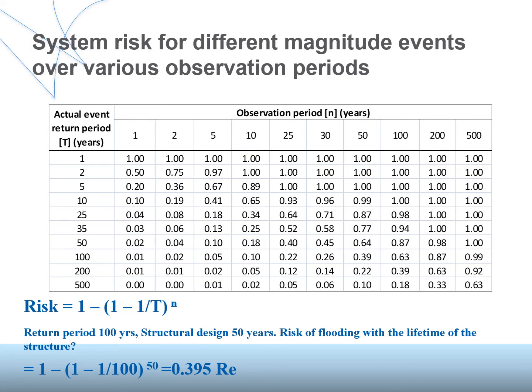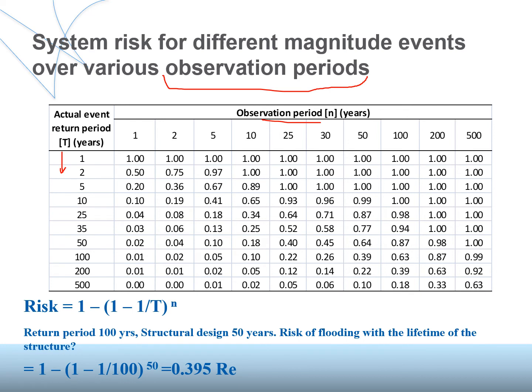This table here shows the system risk for different magnitude events over various observation periods. Observation period means the lifespan of your structure. So you design your structure, its useful life is 50 years or 500 years. That is the observation period, and then the actual event return period is what value you use for that design.